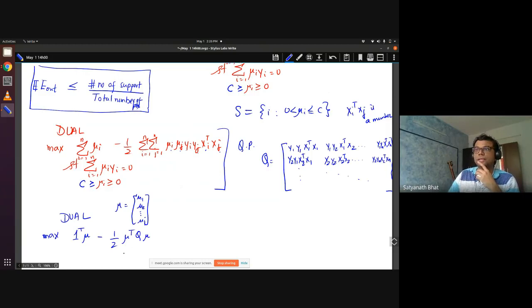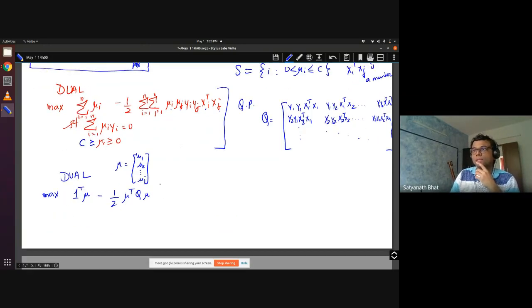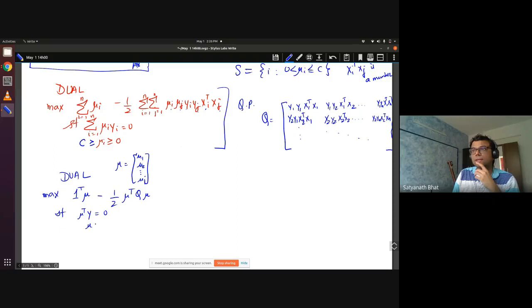That is what you will get. And what are the constraints? Subject to mu transpose y is equal to 0, and mu as a vector is bigger than 0 and smaller than C.